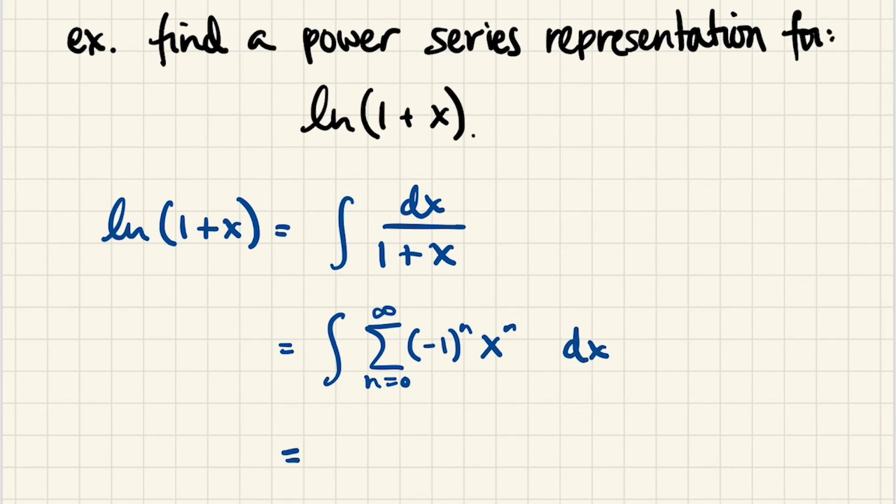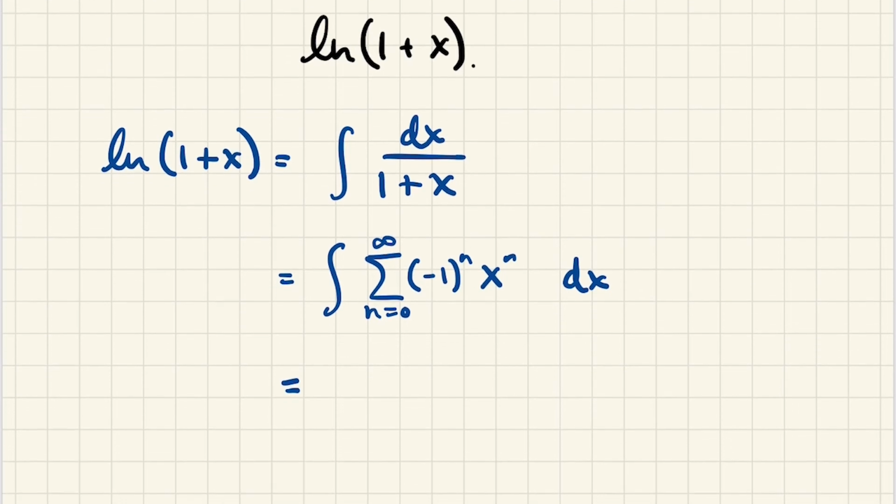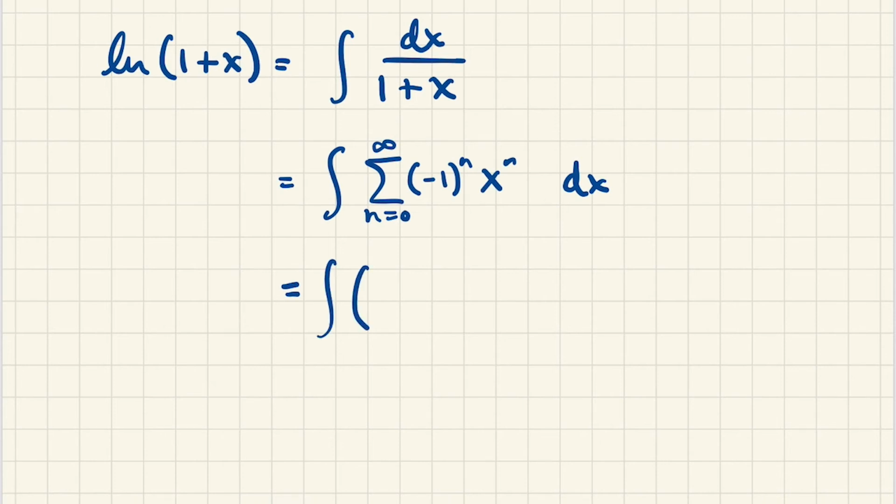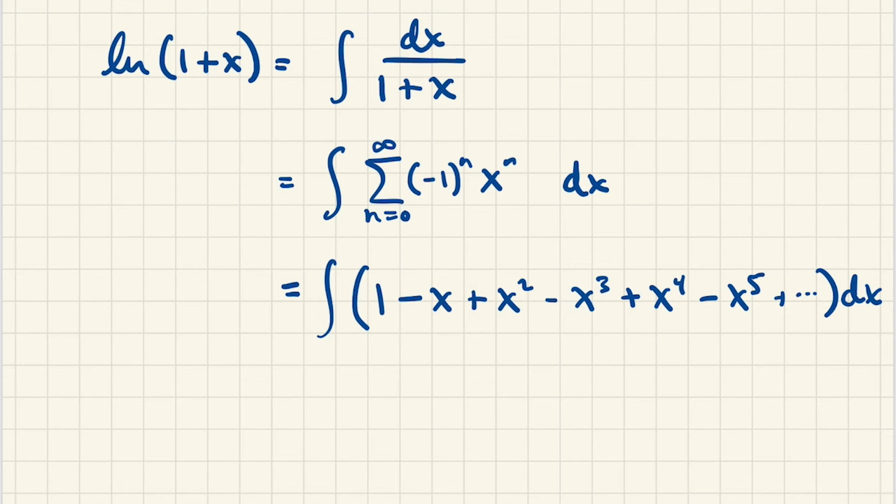dx. Now, typically, when you're integrating a power series, it's a lot easier just to do this term by term. So let's write out the terms of this power series. We're going to see we get 1 minus x plus x squared minus x cubed plus x to the 4th, etc. dx. And now we can integrate each term.